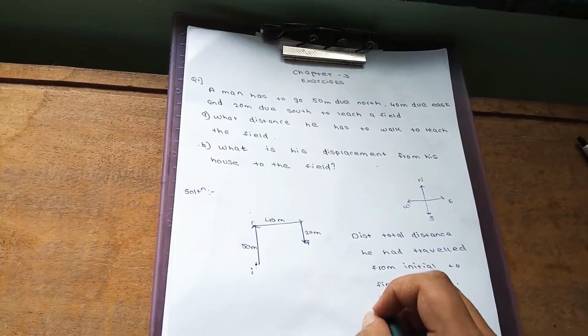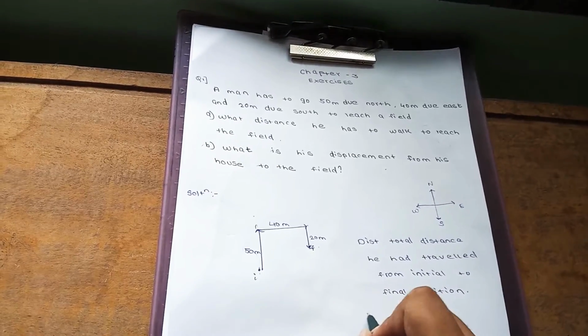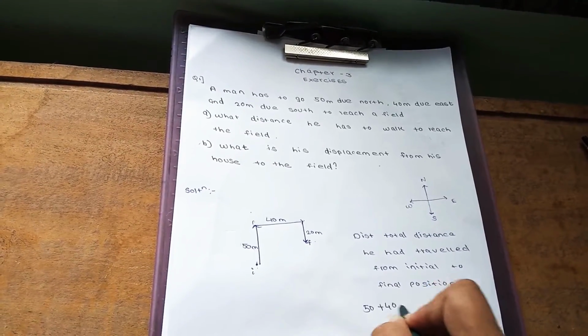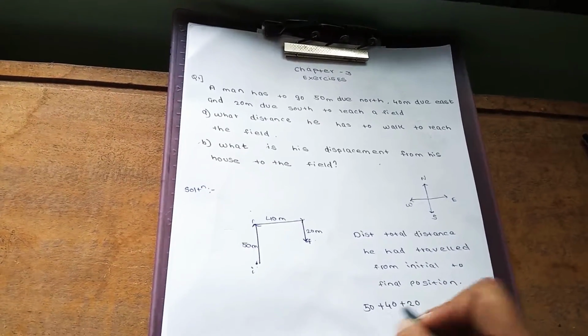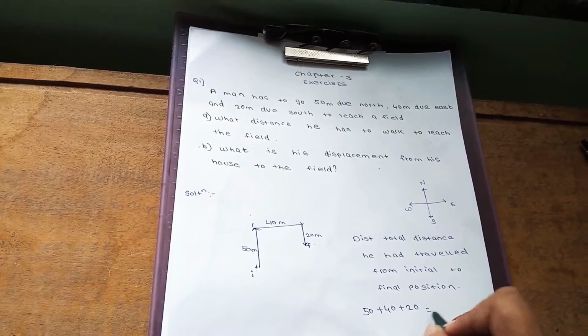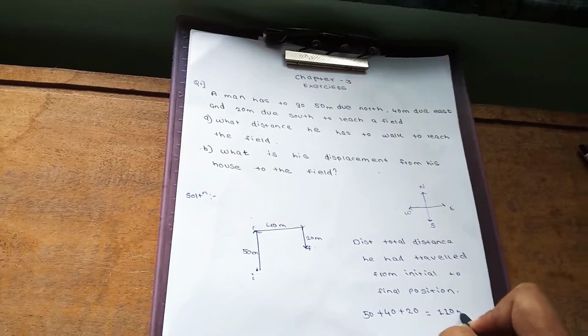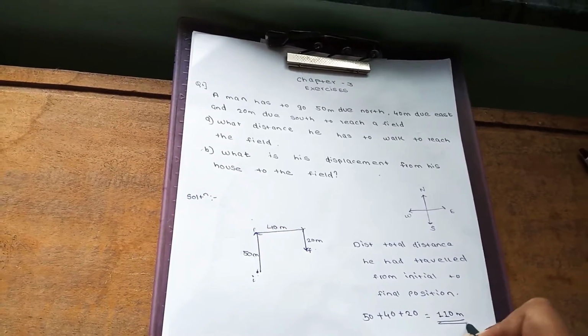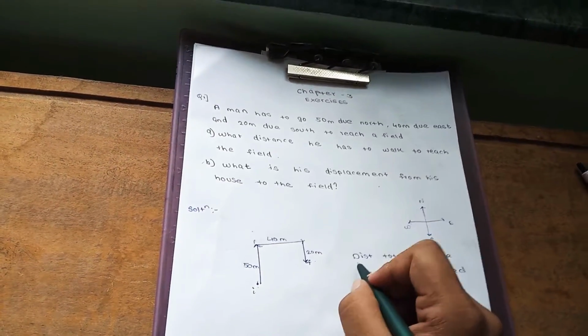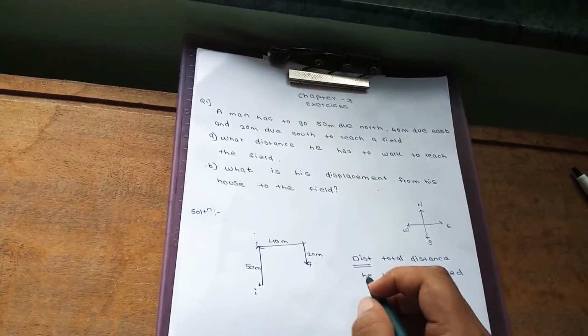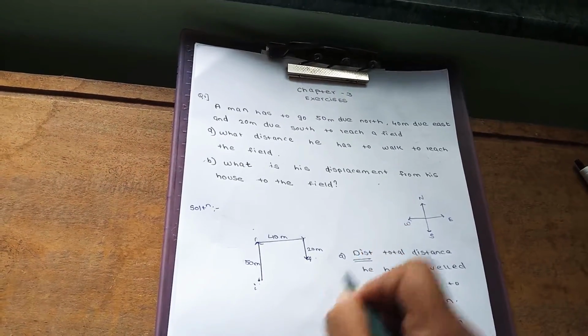So from initial to final position he has traveled 50 meters plus 40 meters plus 20 meters, right? So this will give us 110 meters. So this is the distance he has traveled, right? So this is the A part of the question.